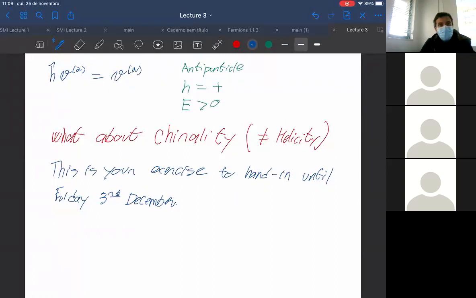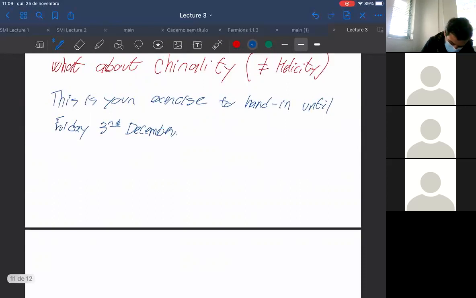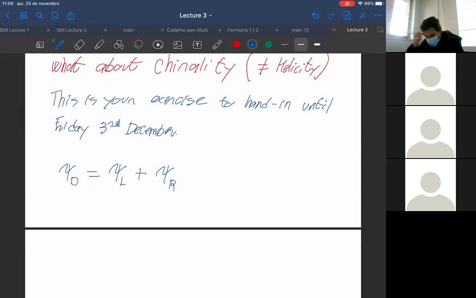For example, I think you may have already heard that you can write a Dirac spinor as a left-handed Weyl spinor component plus a right-handed part. So this has a left and a right part. And these are all four-spinors here.